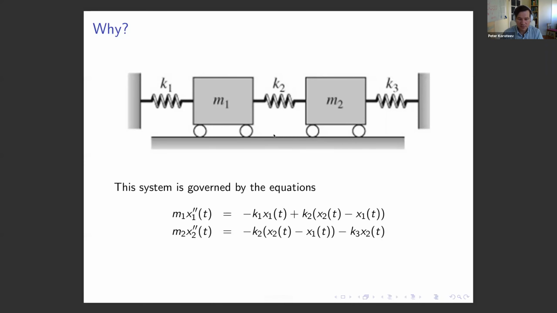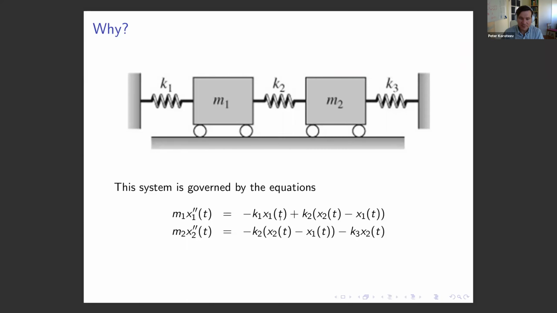I'm sure that most of you are familiar with how to set up systems of equations, maybe from high school physics class. You basically need to draw the force diagrams on each of the masses, and then apply Hooke's law, so that the force with which the spring acts on the mass is equal to negative k, with the corresponding k, times the displacement of the corresponding mass.